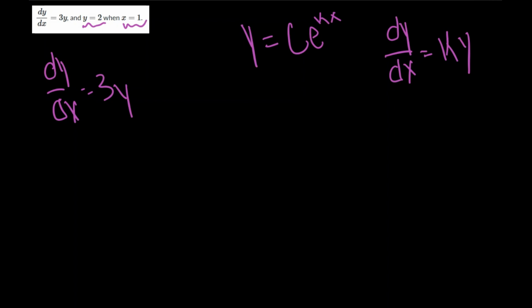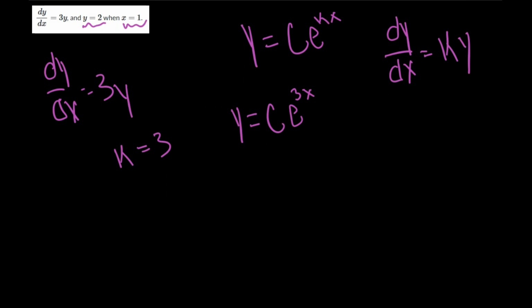So if you can visualize this, you can see that k is going to be equal to 3, right? Then we can substitute, with y equals c e to the power of 3x.